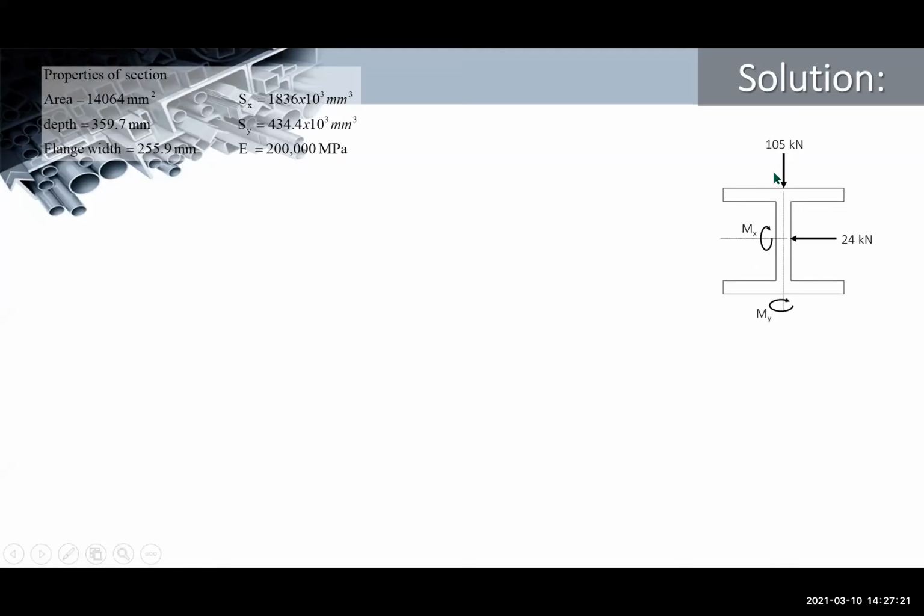Deflection along the x and y axis, then get the resultant for adequacy. Now, what is the deflection of a simply supported beam with a concentrated load at the midspan? If you recall, that is PL cubed over 48 EI.